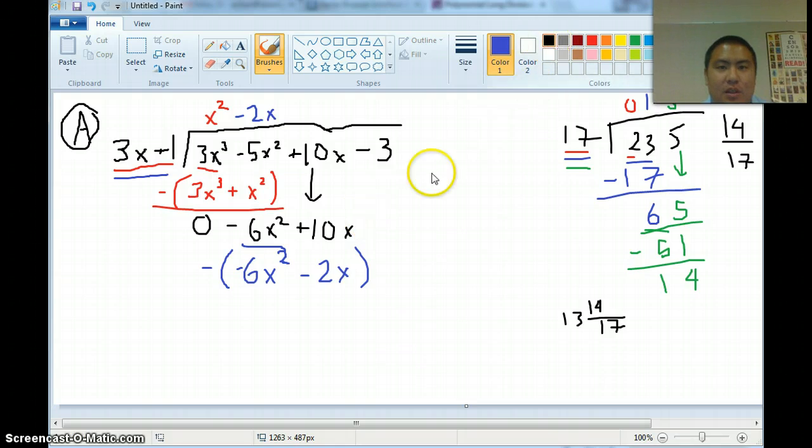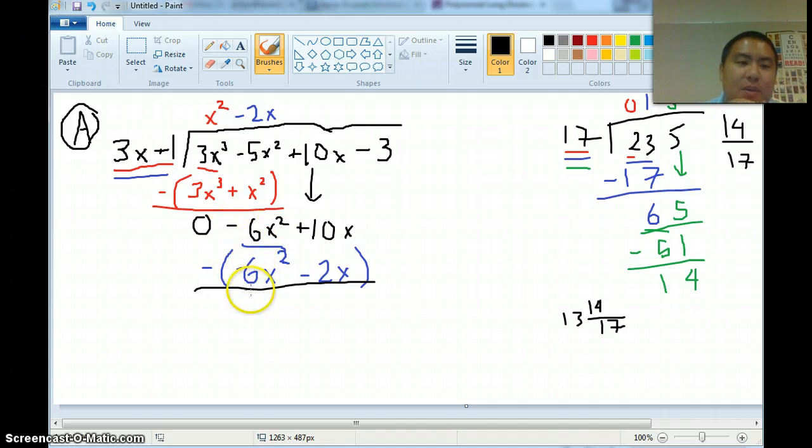Good. Now all I need to do is finish this up. Negative 6x squared minus minus 6x squared. Remember, minus minus becomes a plus. So negative 6x squared plus 6x squared gives me 0. Good. Positive 10x minus negative 2x.